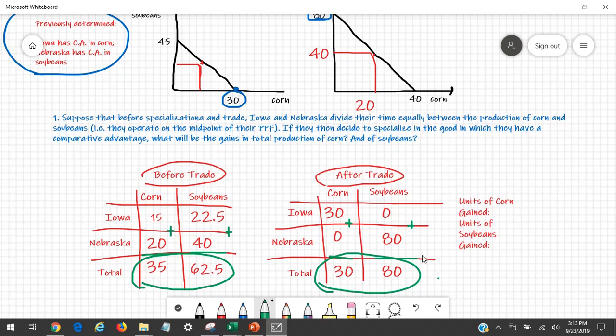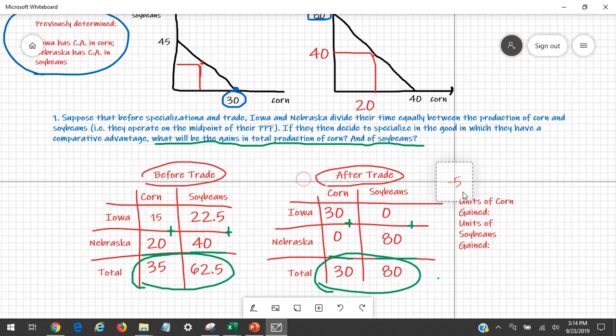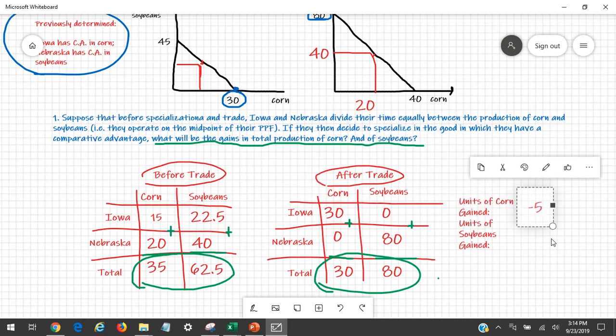So the units of corn gained over here, remember the whole point of all this was to determine what will be the gains in total production of corn and of soybeans as a result of specialization. So this one kind of strangely, we determined that we'll actually have a -5 or less units of corn, 5 less units of corn to go around in the economy after specialization.